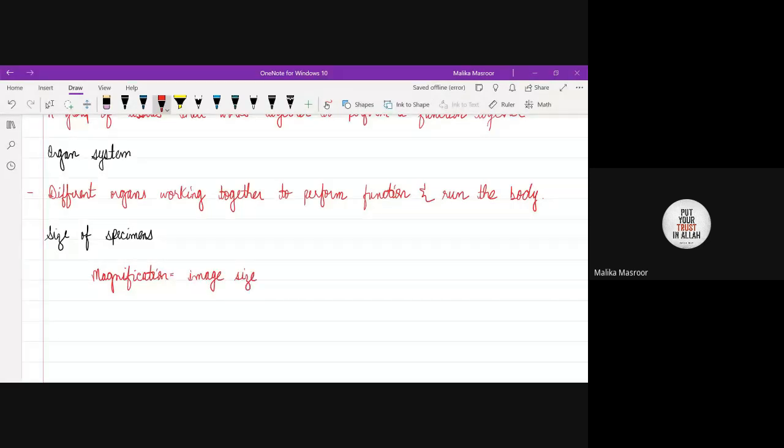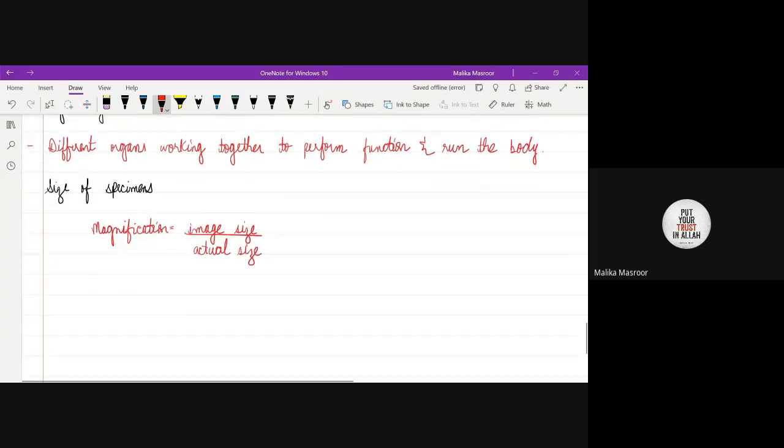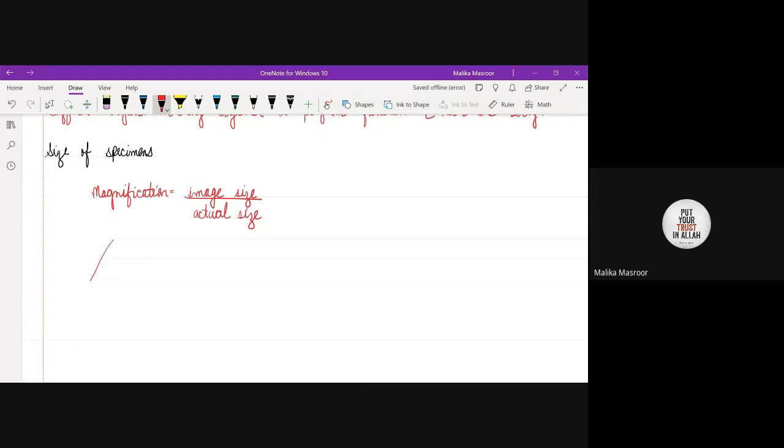Just remember this triangle. I on the top, image size, and then A and M. The line shows division.